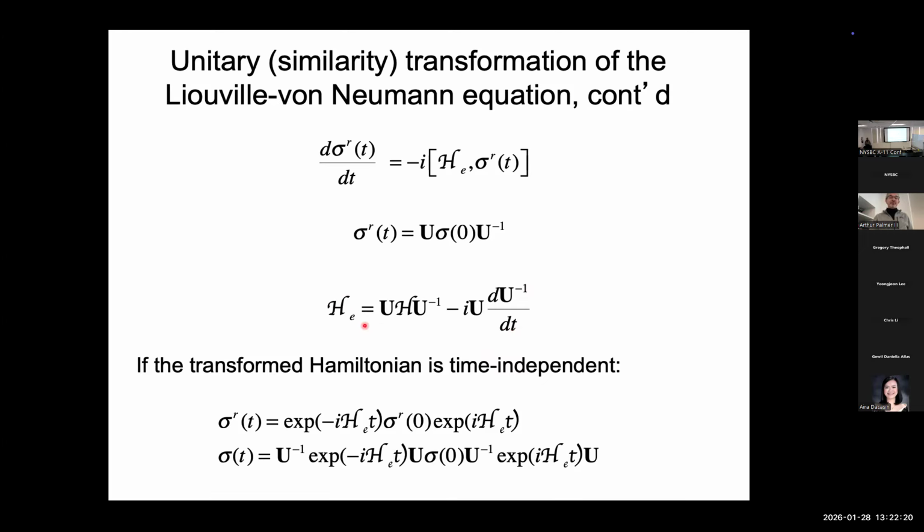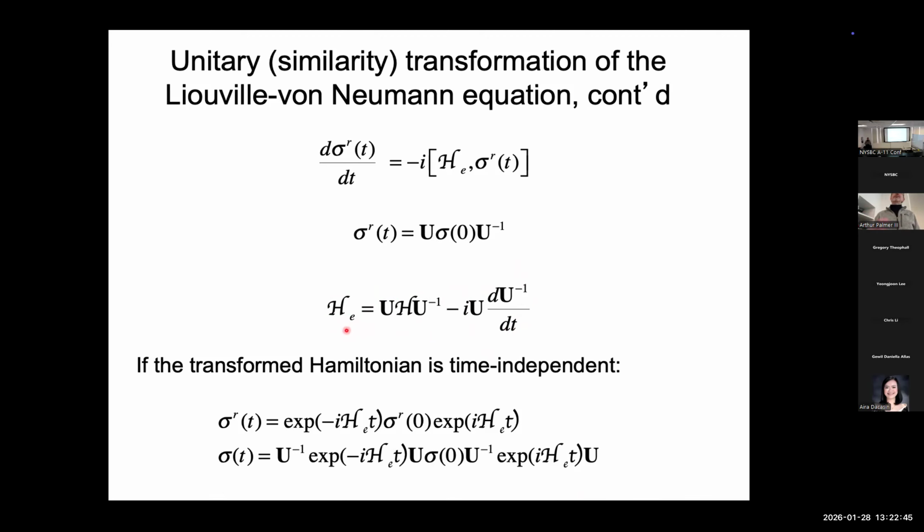In the new frame, the effective Hamiltonian is the transformed Hamiltonian corrected by what I was calling the fictitious part, the part that came from the transformation. Now, if I'm successful, if I've chosen U wisely, then I hope that the effective Hamiltonian is independent of time.